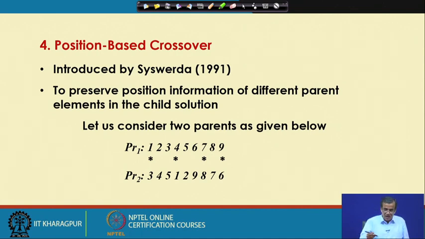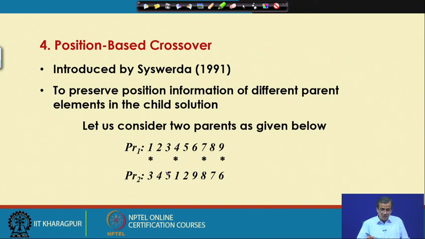To get them, we select positions at random, and here I have selected only 4 positions: the first, the 4th, the 7th and the 9th. I can also select 3 positions or 5 positions at random. Here I have selected 4 positions.